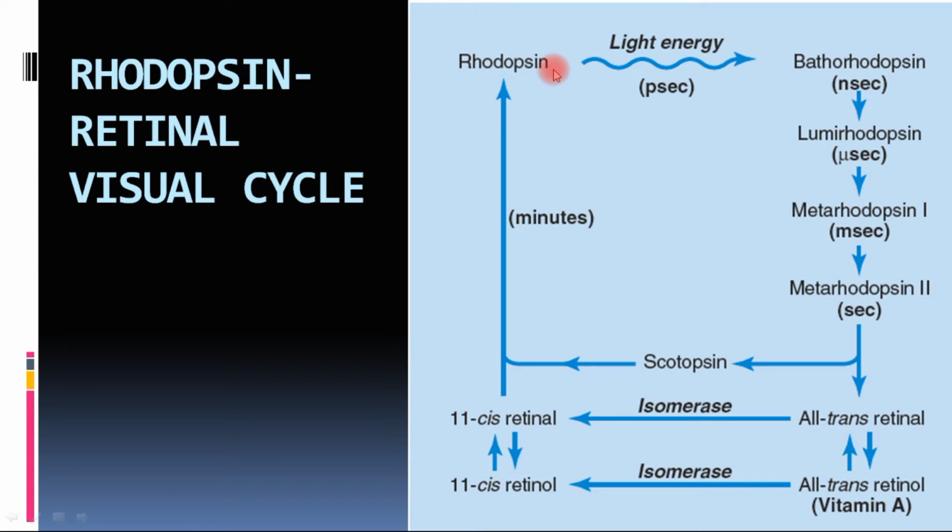Whenever light passes through the optical system of the eye and falls on the rods or cones, the cycle is the same in both, so we will discuss just the visual cycle of rhodopsin, and it will be the same for the color pigments.